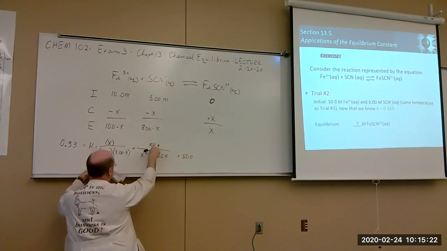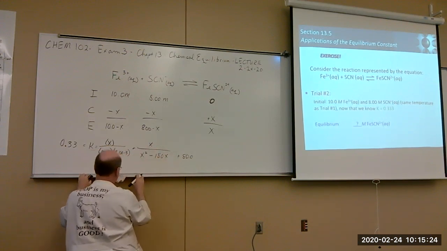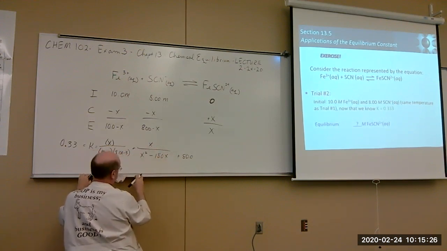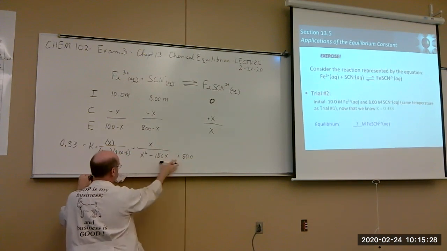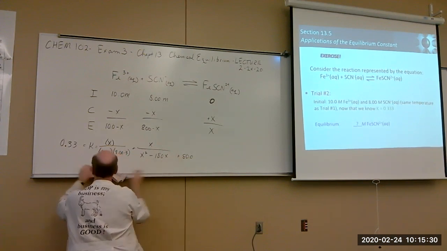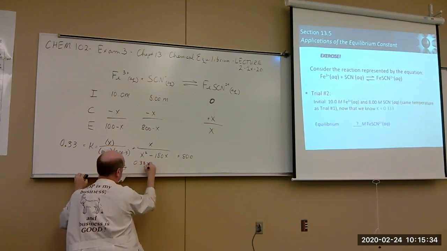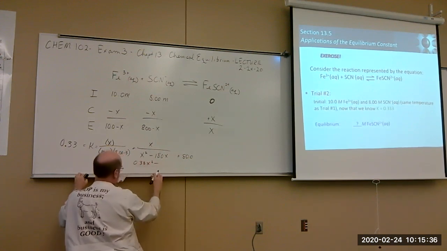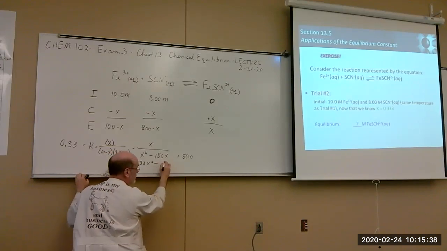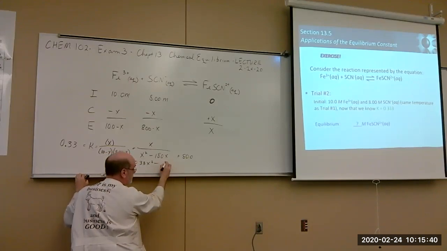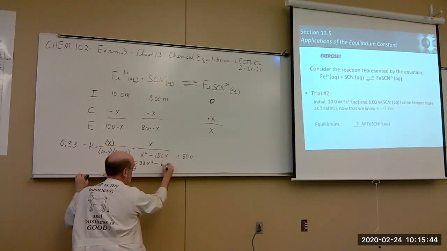Except we still got an x up here. So what do we do? Well, you have to take this whole thing to go over here times 0.33. A third of 18 is 6, isn't it? Yeah.